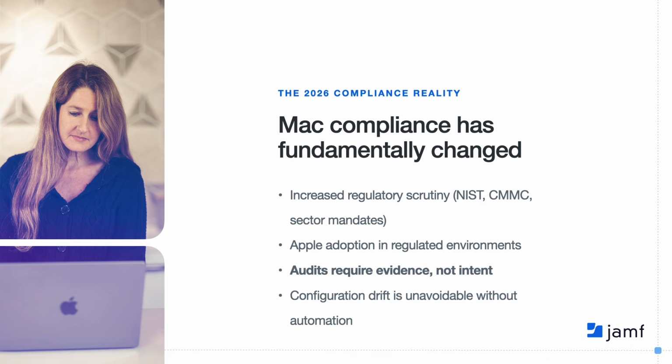Compliance failures rarely happen because controls don't exist. They happen because organizations can't demonstrate they're continuously enforced. Regulation isn't new, but enforcement is. Auditors aren't asking whether you have controls, they're asking whether you can prove right now that they are active.